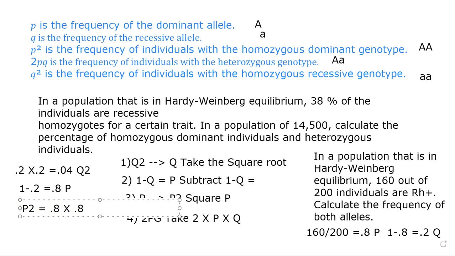Or I can take 0.8 times 0.8, which is actually squaring the number, and I still get 0.64. So the answer is 0.64, and that equals p squared. That means 64% of the individuals have the dominant trait.